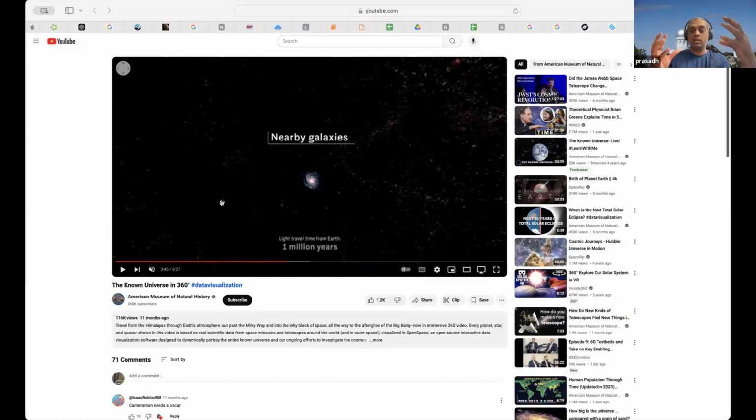But still, these neighboring galaxies would take around 1 million light years for us to travel. And that probably gives you an idea that, from the current understanding of our physics, there is no way that we can travel to these galaxies and try to measure the distances, right?